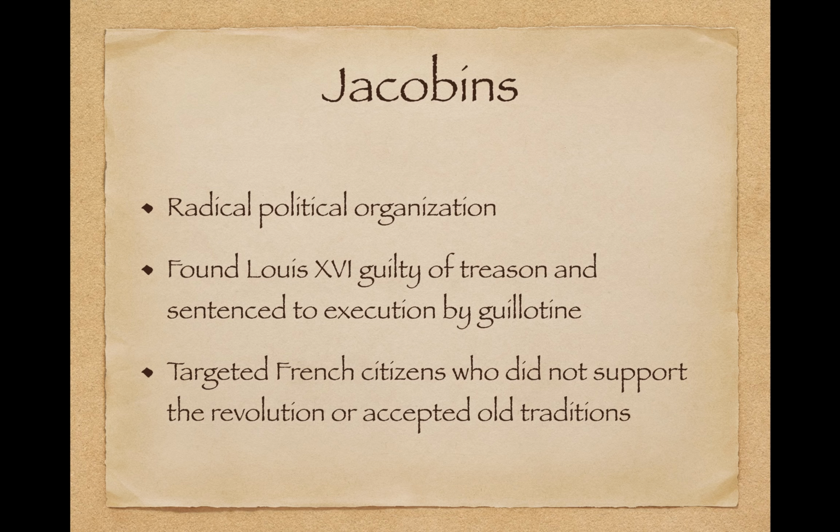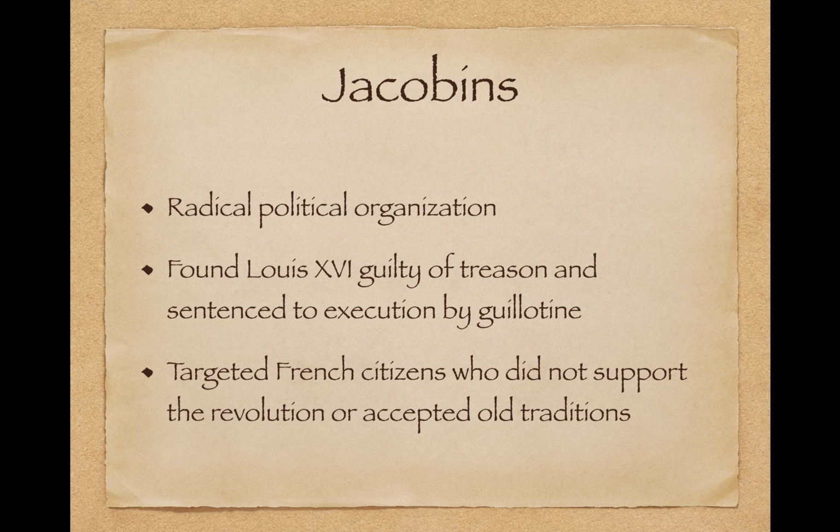And they sentence Louis XVI to execution. They execute him by guillotine. And that's a big deal. And later on, his wife Marie Antoinette is also executed. So now the former absolute monarchs of France have just been executed by the guillotine.